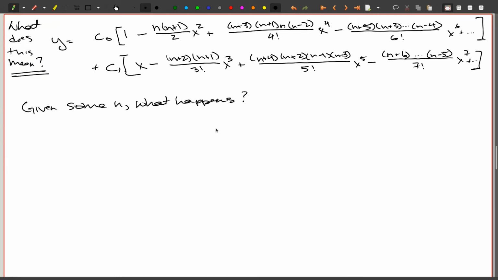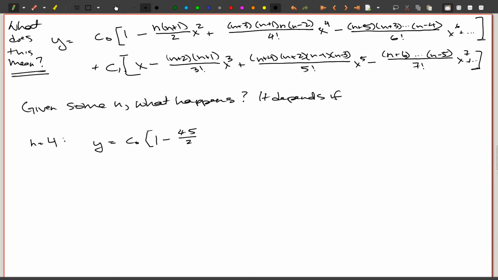So for example, it's going to depend on something special, and let's just work through some examples to think that through. So if n equals 4, we're going to have y equals C0 times 1 minus 4 times 4 plus 1, which is 5.